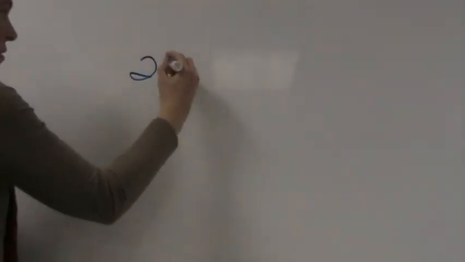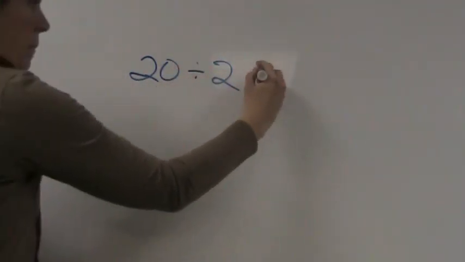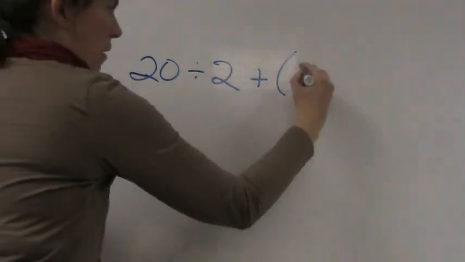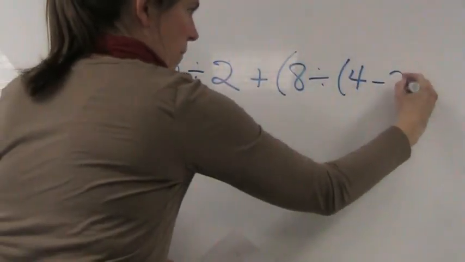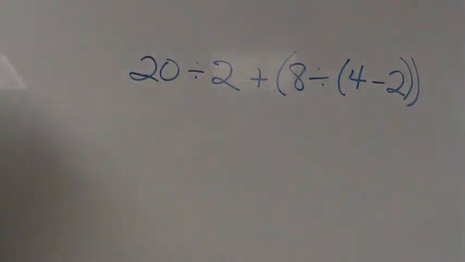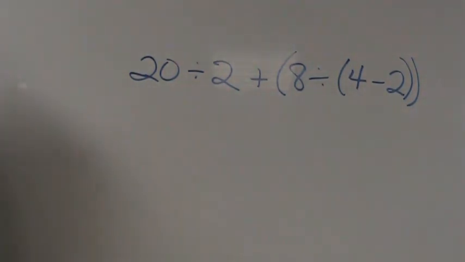The next one gives us a few more things to think about with our order of operations. So in this case, I have a parentheses within a parentheses that I need to take care of first. So my eyes instantly go to this parentheses inside, but that's the first thing I need to do.